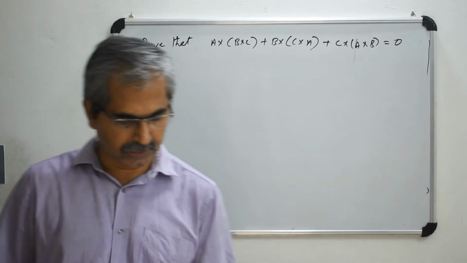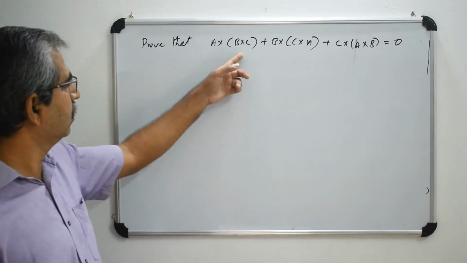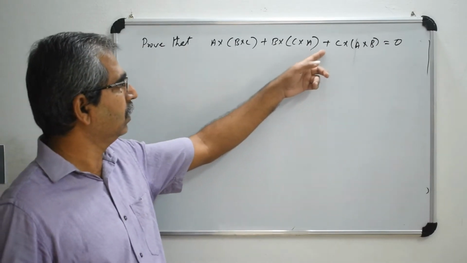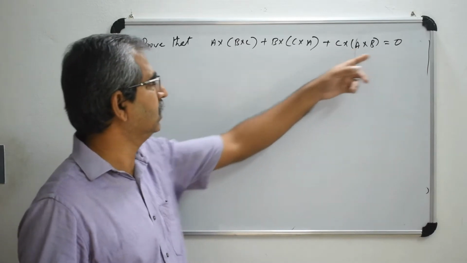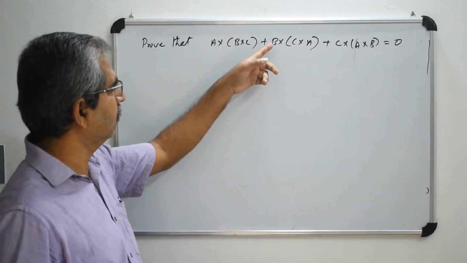So this is the second question. A cross B cross C plus B cross C cross A plus C cross A cross B, that is equal to 0. So this is cyclic always.